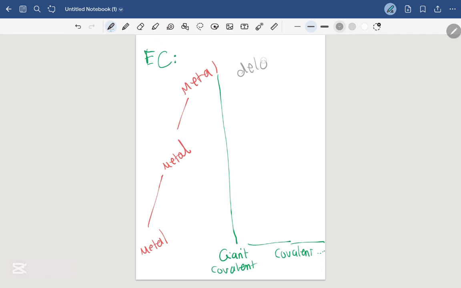So it's not going to make sense for giant covalent and covalent, which don't have any delocalized electrons, to be able to conduct electricity. Because electricity will pass through the delocalized electrons. But these delocalized electrons are found only in the metals. So this is how it looks for the majority of the groups.